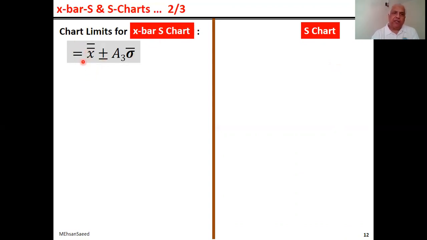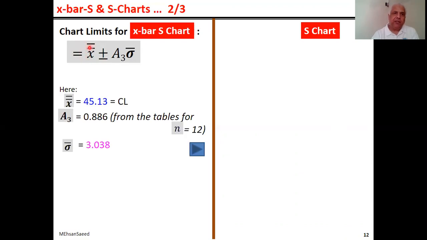X double bar, as usual, the mean of the mean, which we found out. This is the mean standard deviation, which we worked out. And for the X bar R chart, we had A2 over here. For this chart, we have A3. So let's find out what this A3 is. Remember, the sample size is 12.